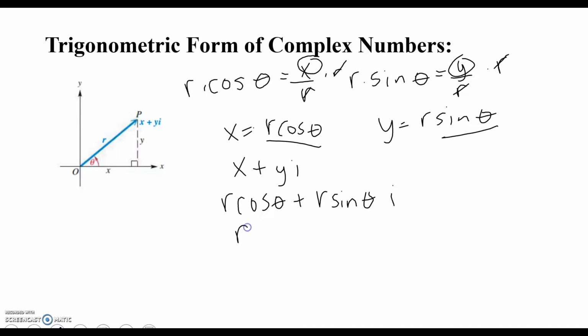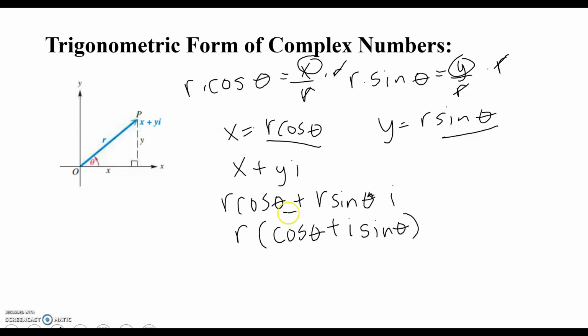Then you can pull out an r because both of those have an r in it. I'm going to write the i in front of the sine theta so that you don't get confused into thinking it's inside with that theta. It's actually outside of the theta. You take the sine of that angle, and that's the imaginary part.